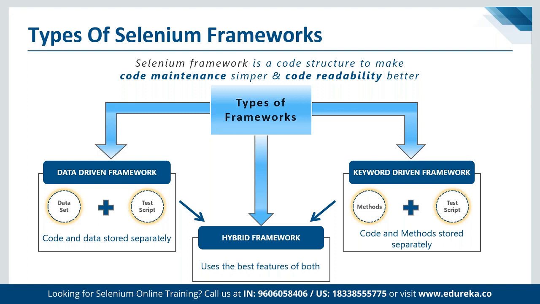In general, 90% of the people will talk about the data-driven framework, which is the basic framework used in almost every situation. Everyone uses it in the most feasible situations, so they will always rely on the data-driven framework. Keyword-driven framework is another type, an enhanced or a little customized version of data-driven.